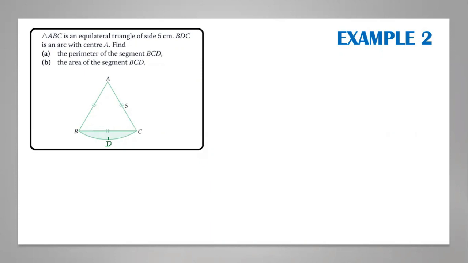Students, this question is very easy actually, right? How to identify this triangle? This triangle is an equilateral triangle, so it means here is 60 degrees. Do you agree? 60 degrees.